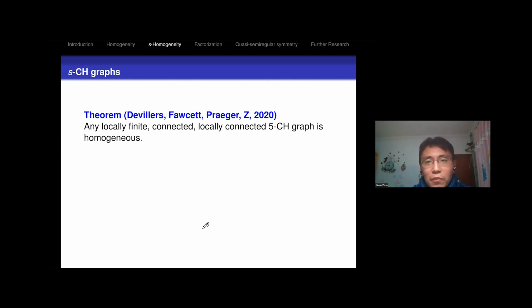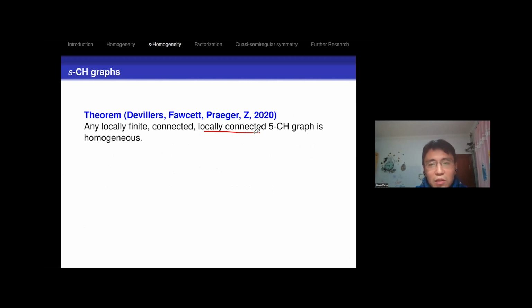Now, for s equal to 5, we prove this result. Any locally finite, connected, locally connected 5-CH graph is homogeneous.